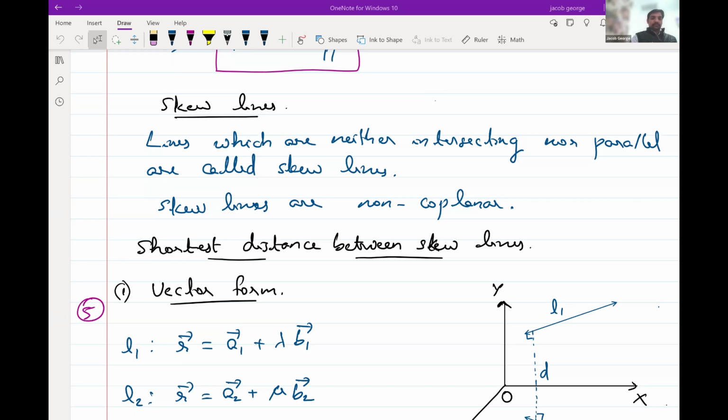When you get the question, if they don't mention whether it is skew or parallel, we have to check. If the coefficients are in proportion, they are parallel. If they are not in proportion, they are skew lines.